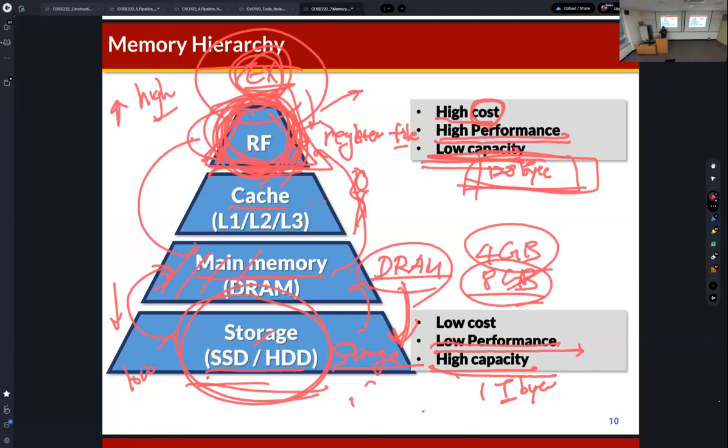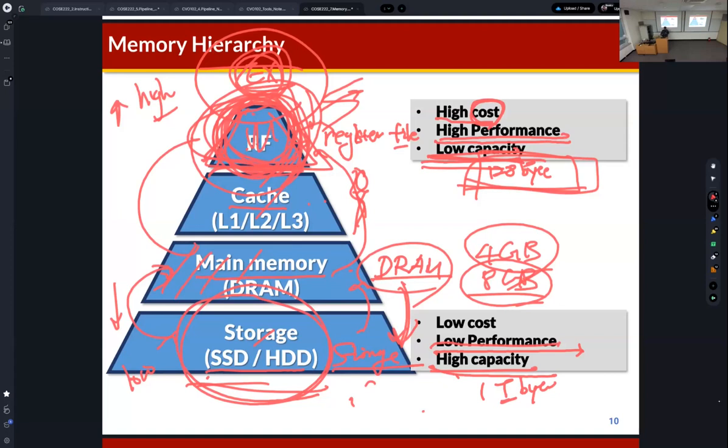But because of locality, we can store frequently used data in the small sized high-level memory, and then this data will be used again and again.